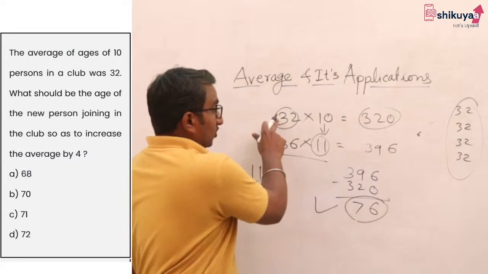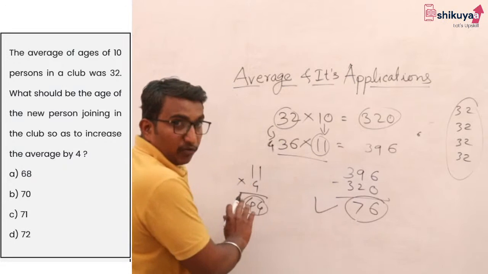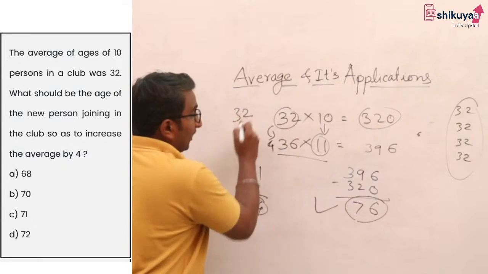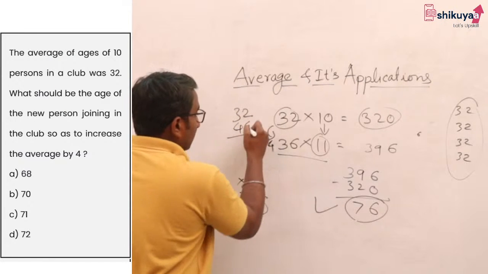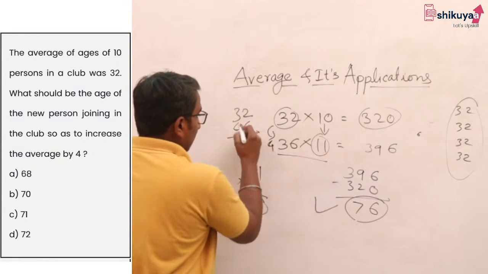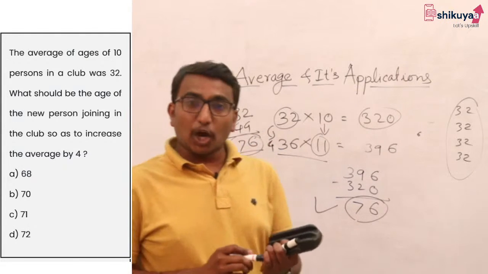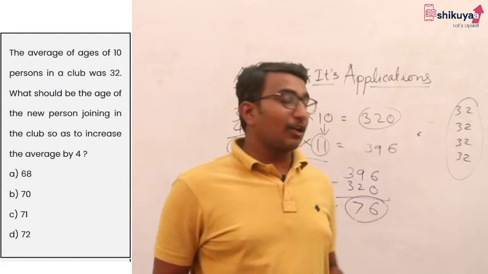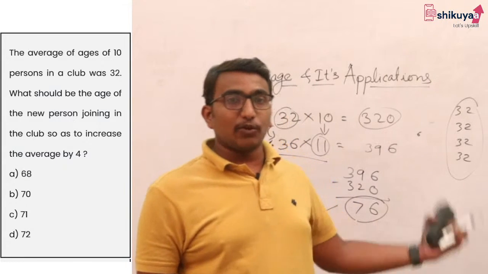Earlier the average age was 32 and now the addition in the summation is 44. So your answer is 32 plus 44, 76. This is a shortcut method in which you need not calculate the summation at all. You can directly apply your common sense and then calculate.